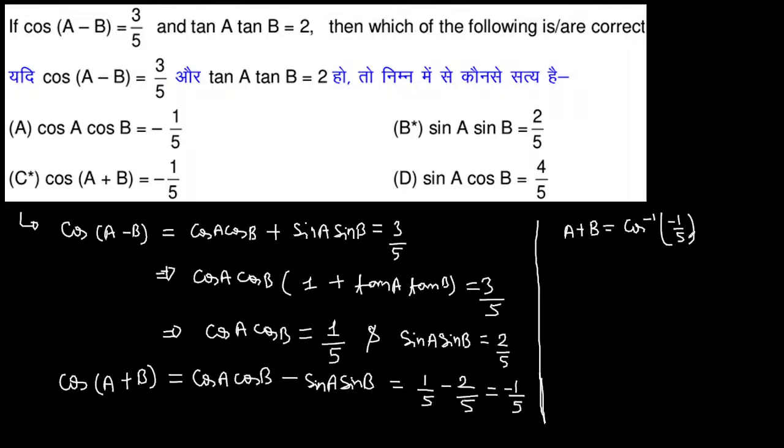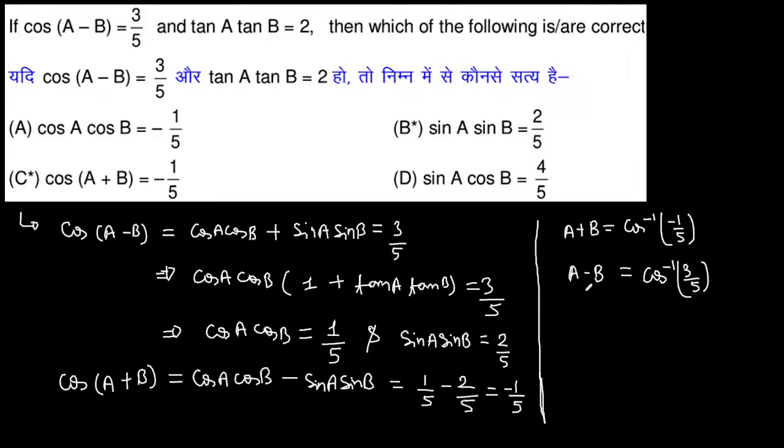So A plus B is more than 90 degrees. We can say this. And A minus B is cos inverse 3 by 5.